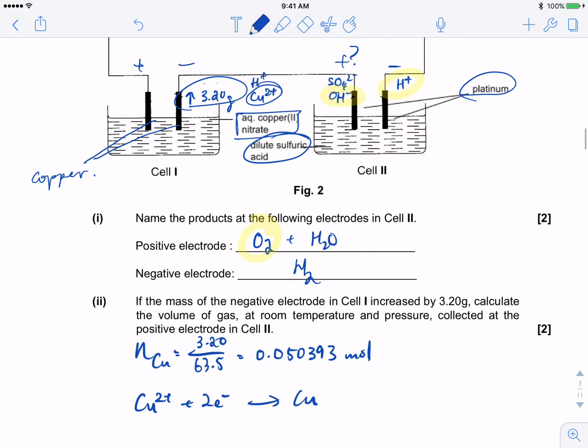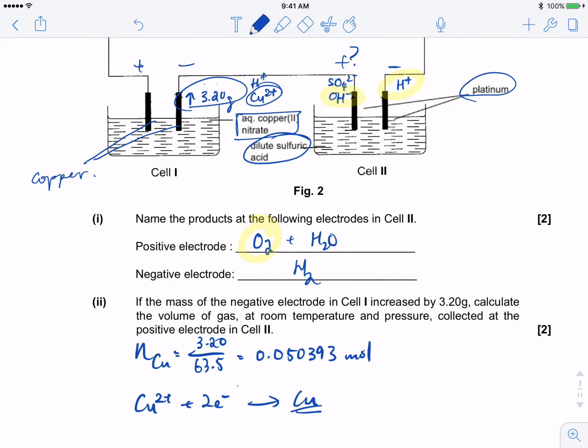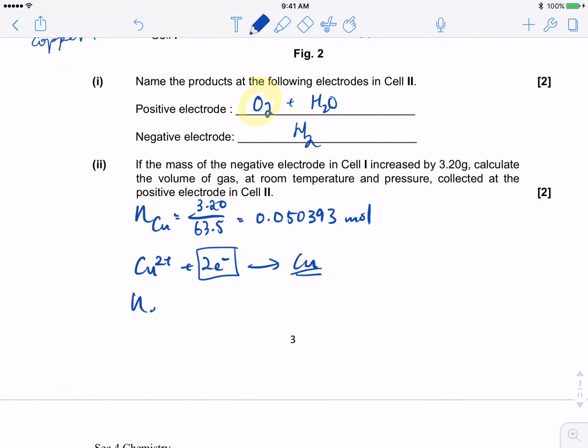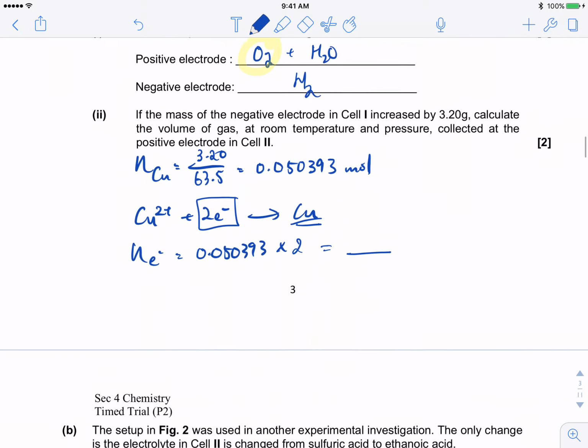Now, given that this is the number of moles of copper formed, I can also calculate the number of moles of electrons that's transferred from one end to the other. So number of moles of electrons will be this times 2, which equals to one value. Okay, and then at the other side, you know that hydroxides are reacting.